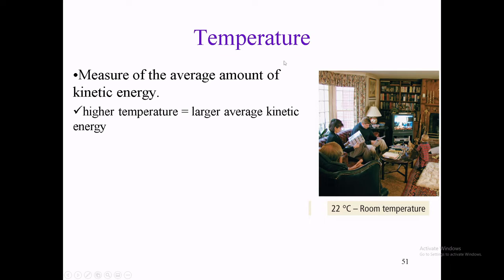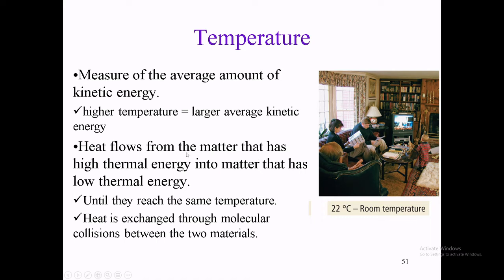But this is what it ultimately means. So a higher temperature is going to mean a larger average kinetic energy. It means that the molecules inside the room, the gas that's inside there, the air, is moving faster.